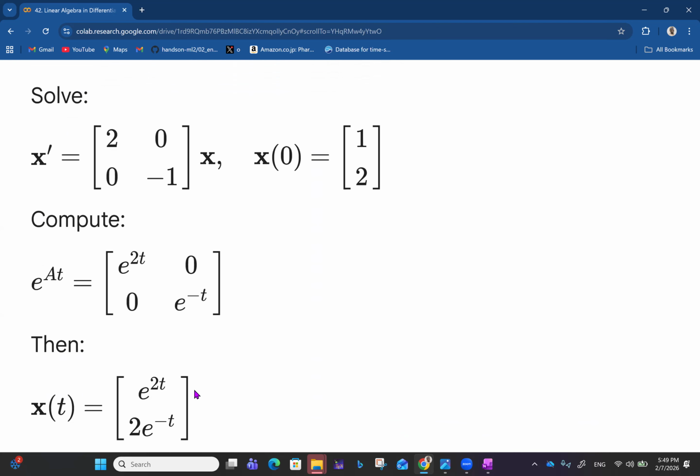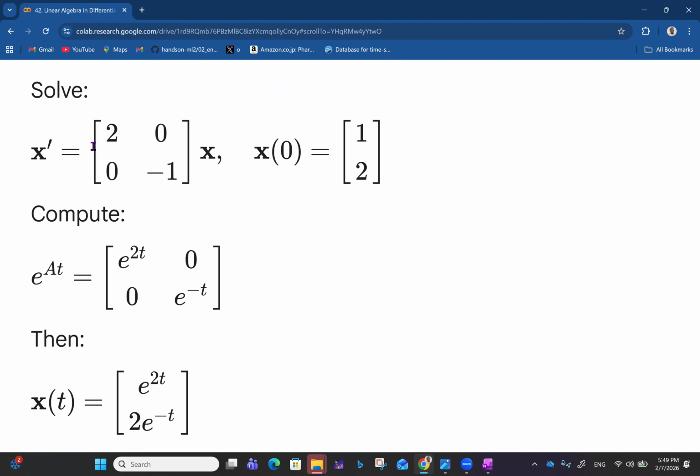Look at this very sweet example. If you have x prime to be the matrix 2, 0, 0, minus 1 times x, that's like x prime equals A x. This is the matrix 2, 0, 0, minus 1. And then you have this initial condition, meaning that at time t equals 0, the value of x is 1, 2. So in this case, if you do e raised to the power At, that means you have e raised to the power 2t, 0, 0.